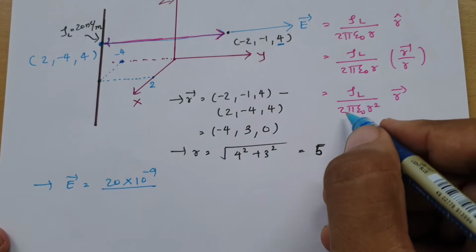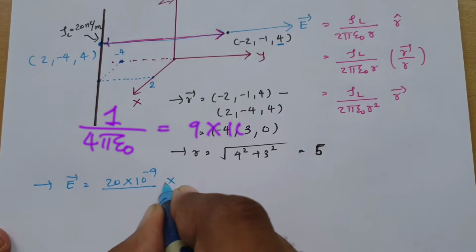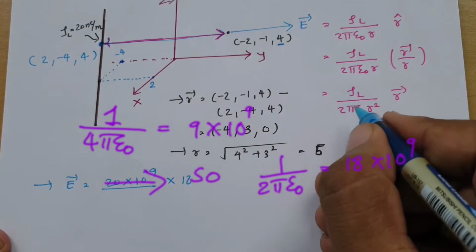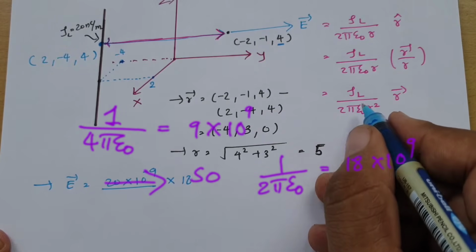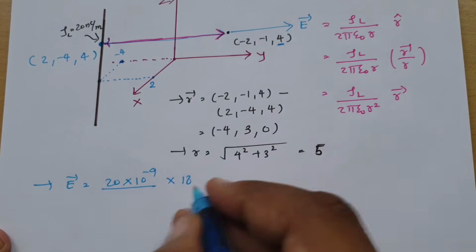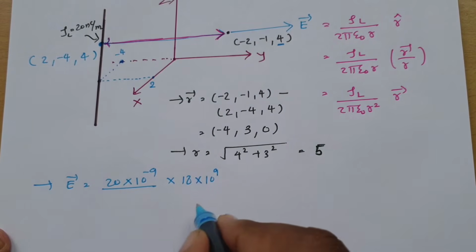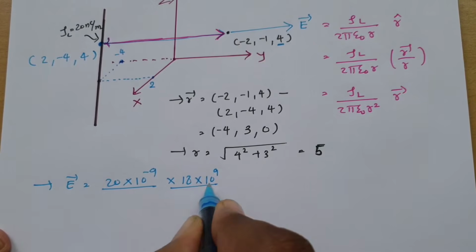So 1 by 2 pi epsilon 0 should be 18 into 10 to the power 9, as 1 by 4 pi epsilon 0 is 9 into 10 to the power 9. So 18 into 10 to the power 9, and divided by r square.